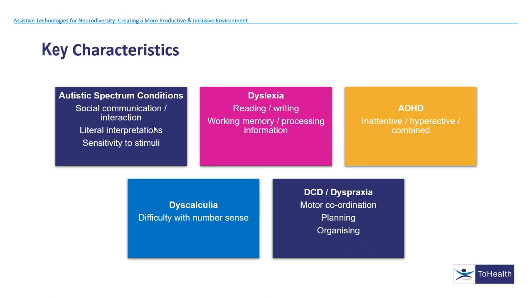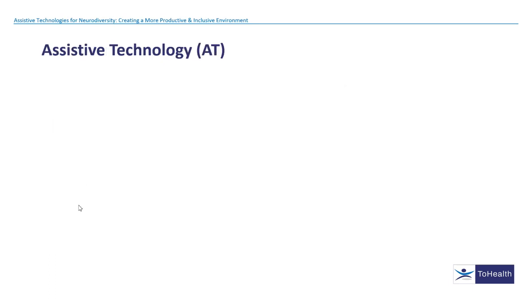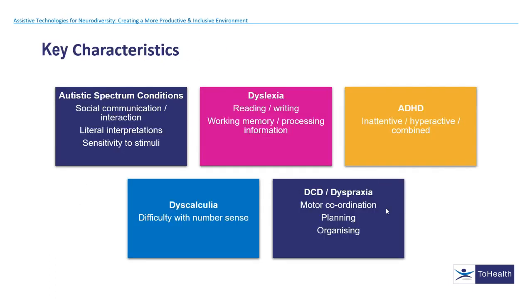Moving on to dyslexia now. We know that 10% of the population are dyslexic. There is a 15% co-occurrence. What does that mean? That it can occur with any of the other neurodiverse conditions. We know that up to 10 million people in the UK are affected, according to the British Dyslexia Association.